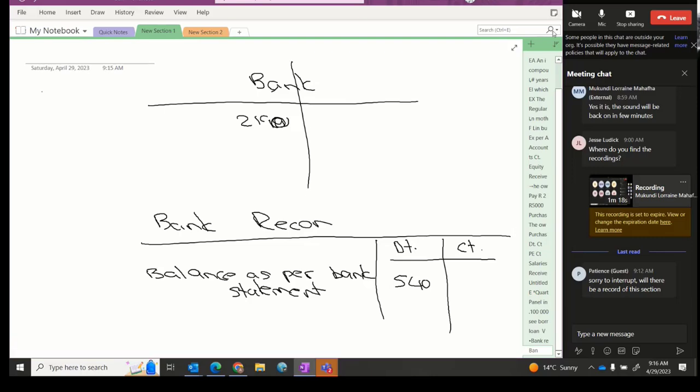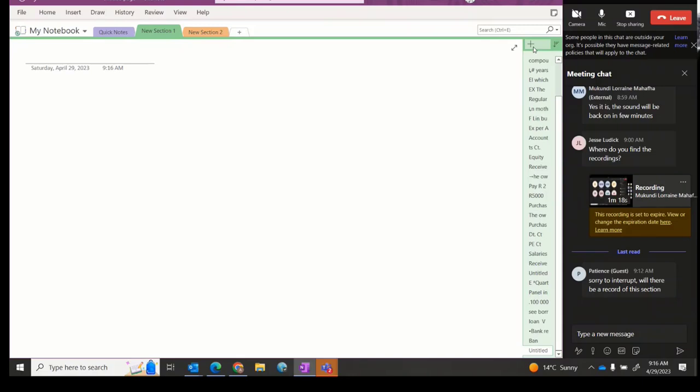Okay, then now to do the next transactions. Let's do a new page and then I'm going to write all the transactions and then I'll get back to that one. Now they say the bookkeeper did the books, and when they got the statement, they found out that during June, they found a few things that you now have to change.